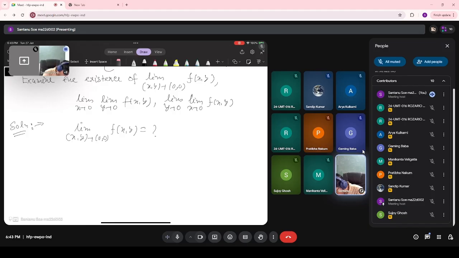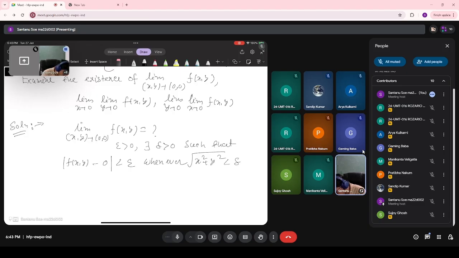So what we're going to do is show that, given an epsilon greater than 0, there exists delta greater than 0 such that this one, in this case assuming the limit to be 0, is less than epsilon whenever the square root of x square plus y square is less than delta.